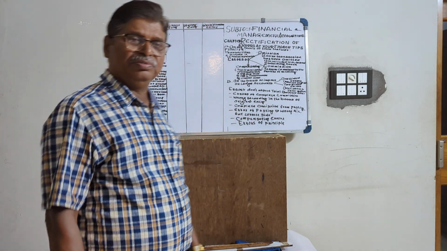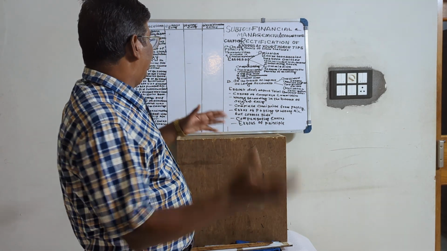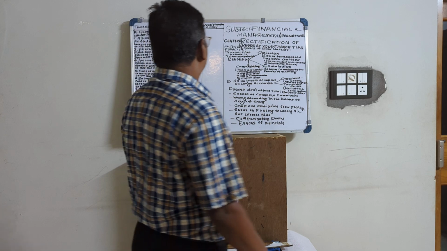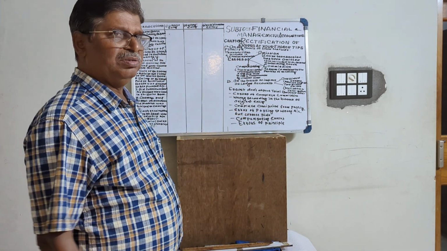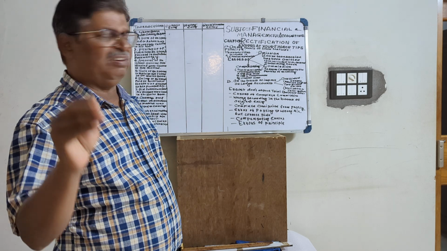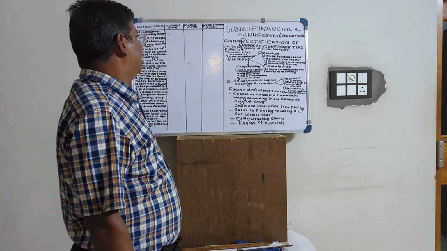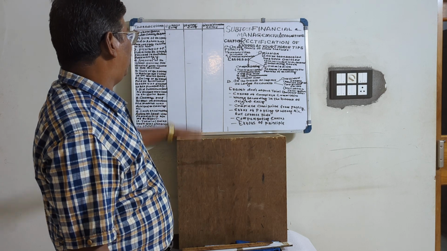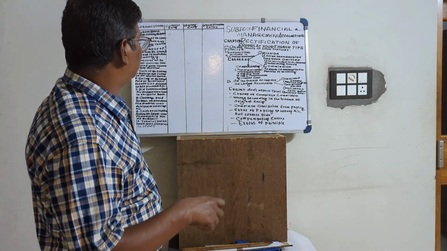Error of principle. That means when transactions are recorded in violation of principle, treating the revenue expenditure as capital expenditure, it is error of principle. That means transactions recorded not according to the principles.